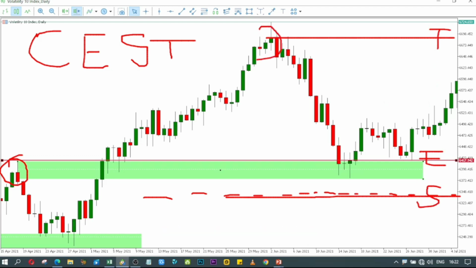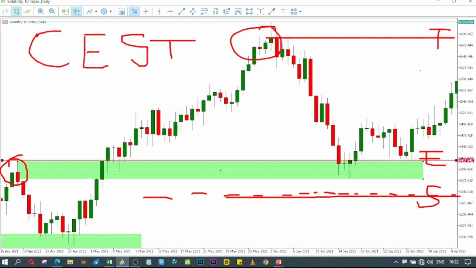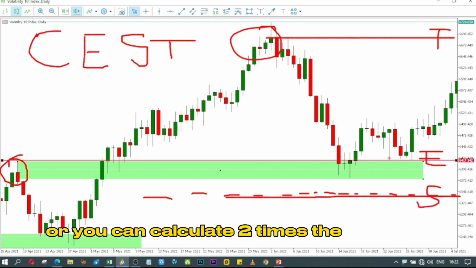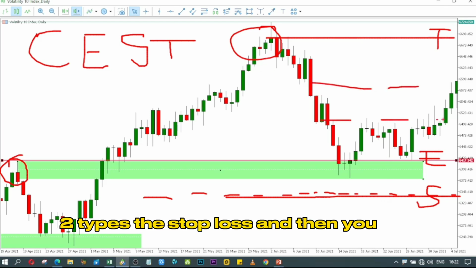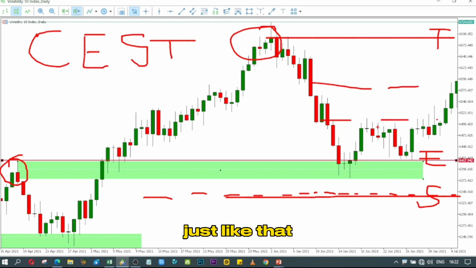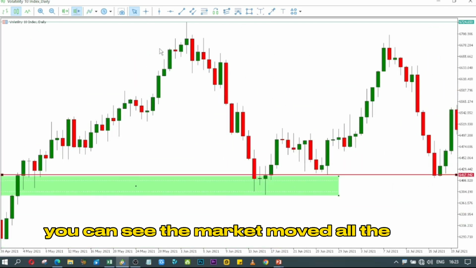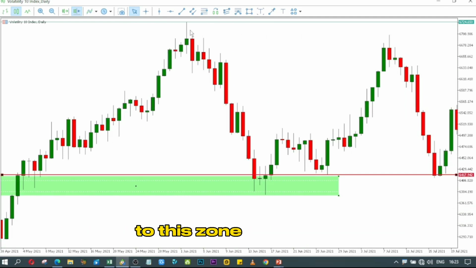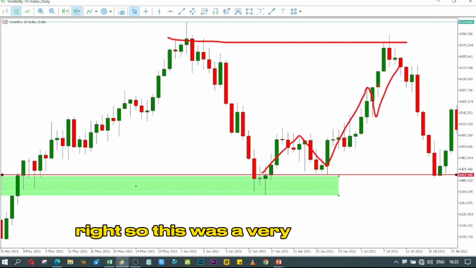So you can use this zone here where the market passed, reversed on, or you can calculate 2 times the stop loss, and then you get your trade just like that. And in this case, you can see the market moved all the way to this zone right here, right? So this was a very good trade.